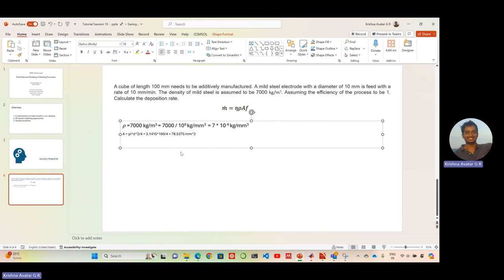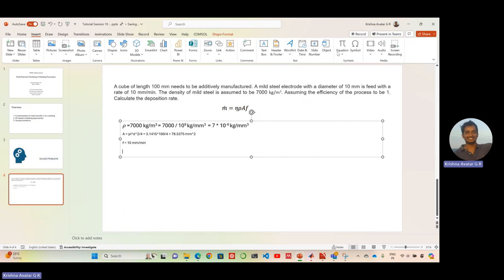So with this we have A, and F we are given as 10 mm per minute. And eta is also given.